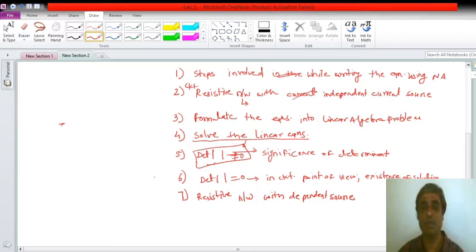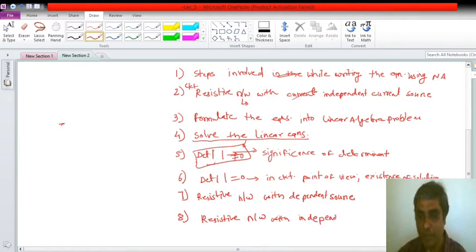Then once we are familiar with this, next we'll take the resistive network with independent voltage sources.